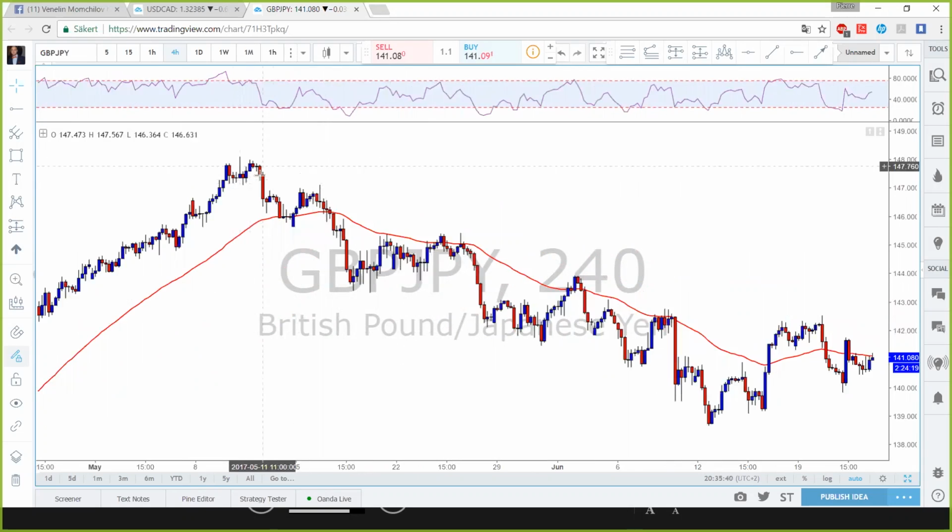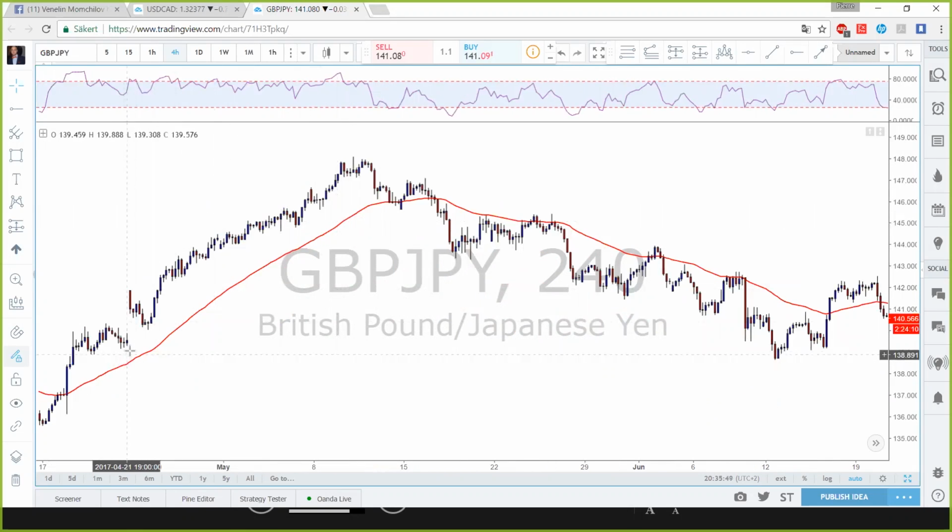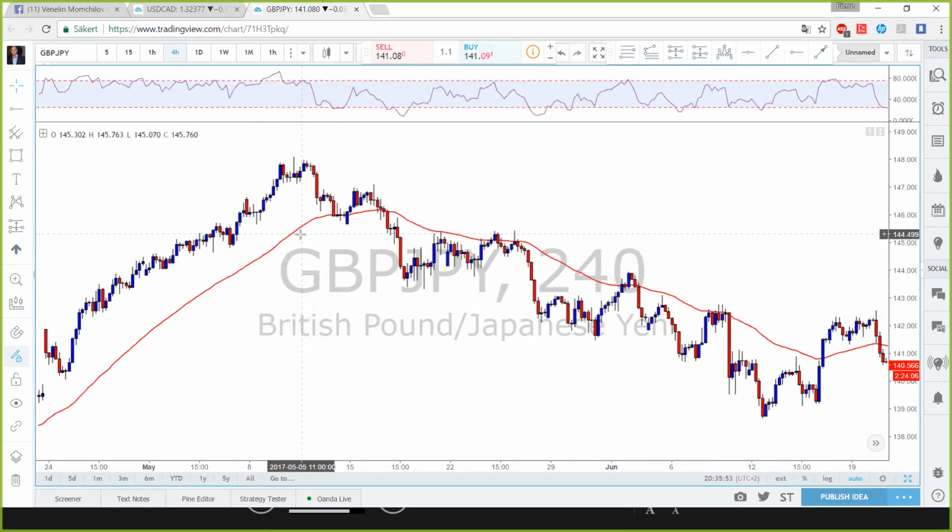And when we got our reversal here, you see we got this touch and rejection. It usually happens when price has been in a trend like this, never touched a trend line, and then came and touched it. It usually gives you a bounce from that trend line.